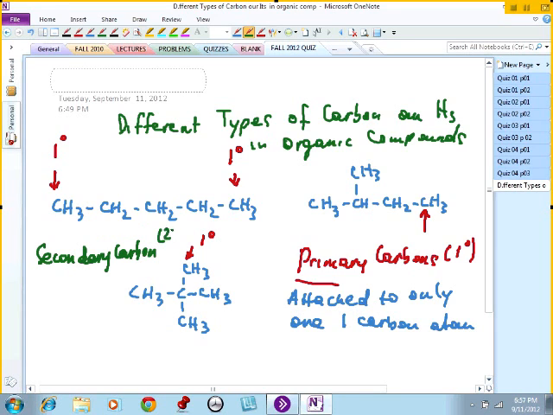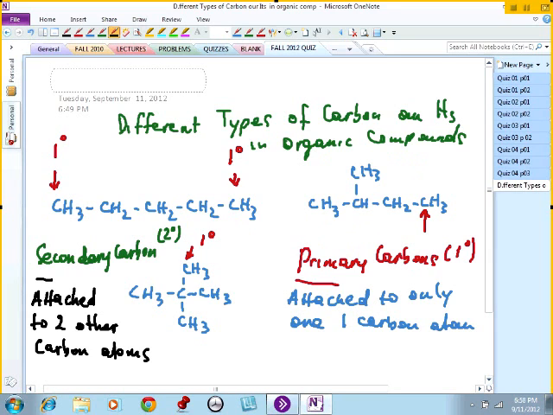Now, for the secondary carbon, which we designate as 2 degree, the secondary carbon is attached to only 2 other carbon atoms.